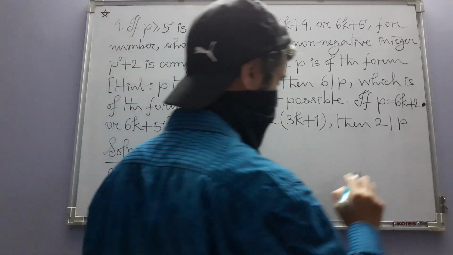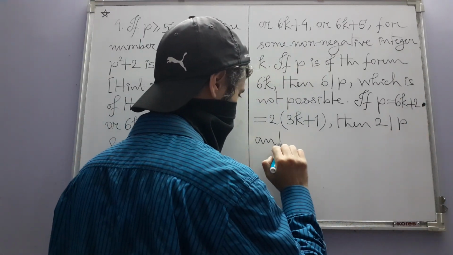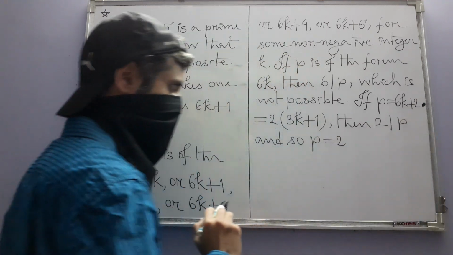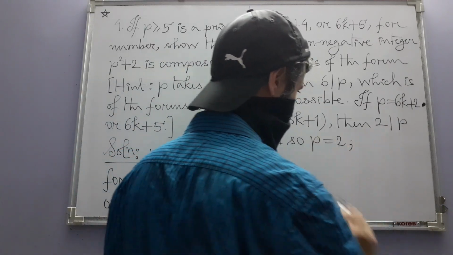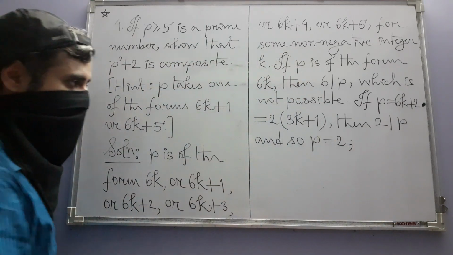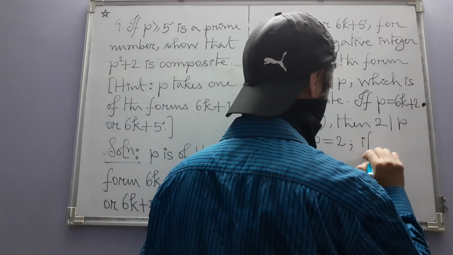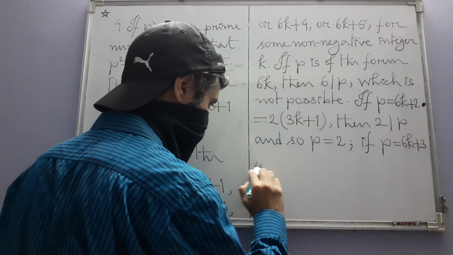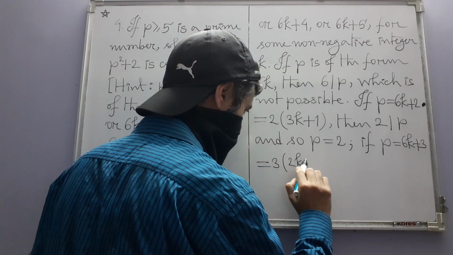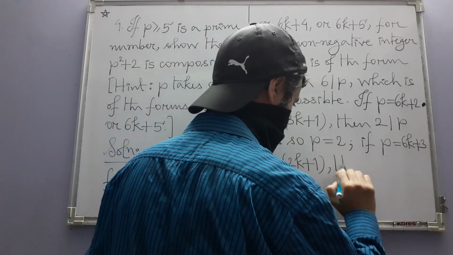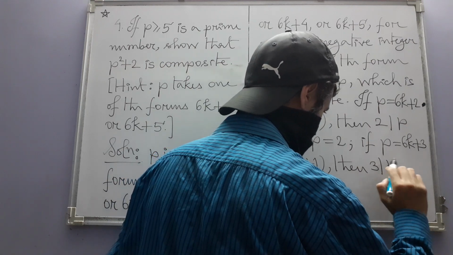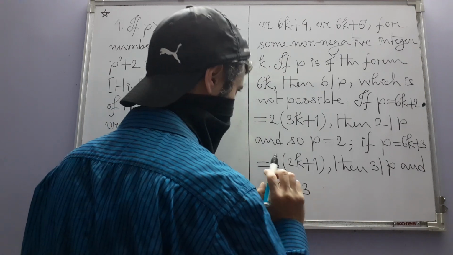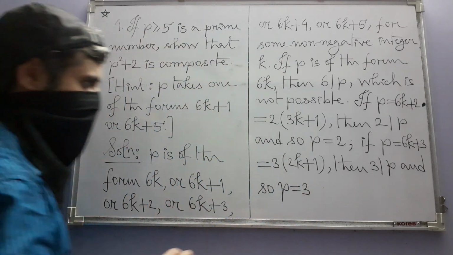P is greater than or equal to 5, and so p is equal to 2, which is also not possible. But instead of writing that, let us just club this with the other cases. If p is 6k plus 3, then 3 divides p, and so p is equal to 3. That is also not possible due to this inequality.